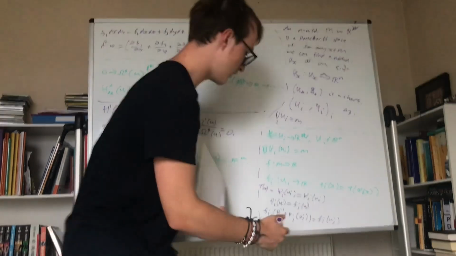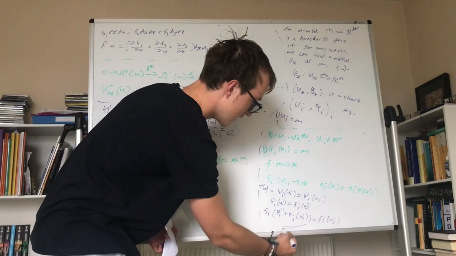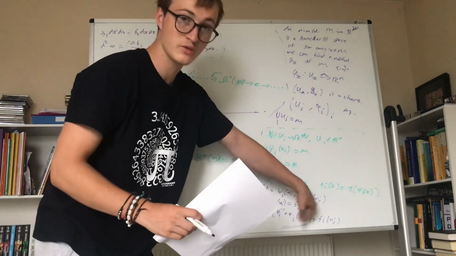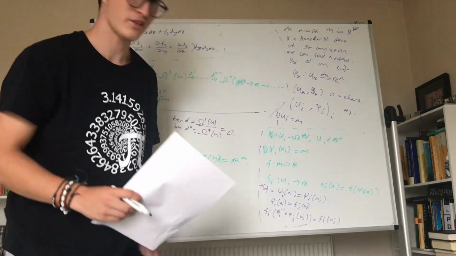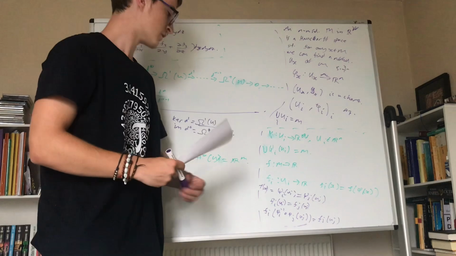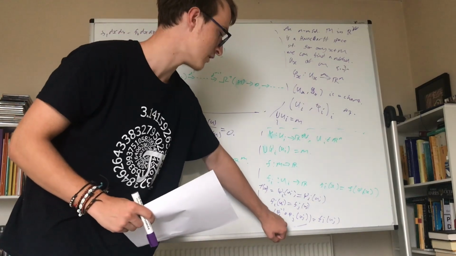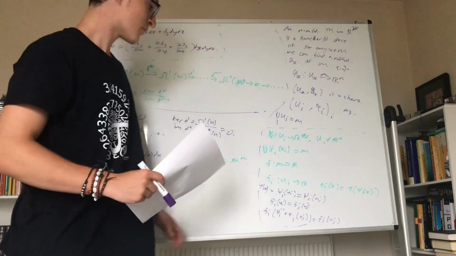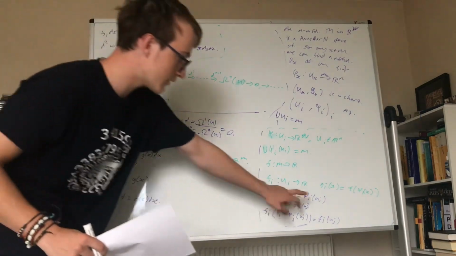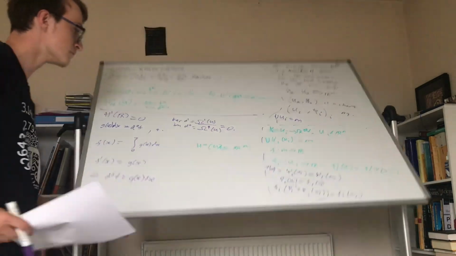And this is what we need to be true. That composition there is the change of coordinates map. So that's the map that goes between this parameterization and that parameterization. And we want this to always be true.